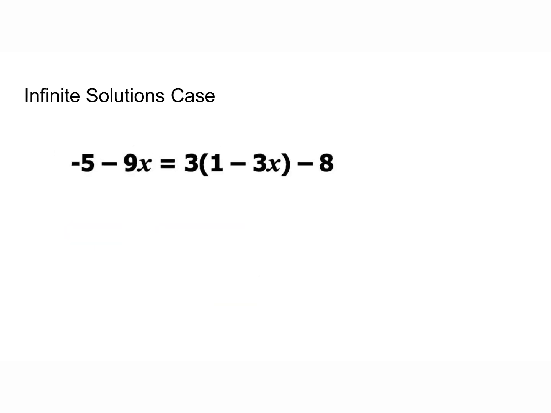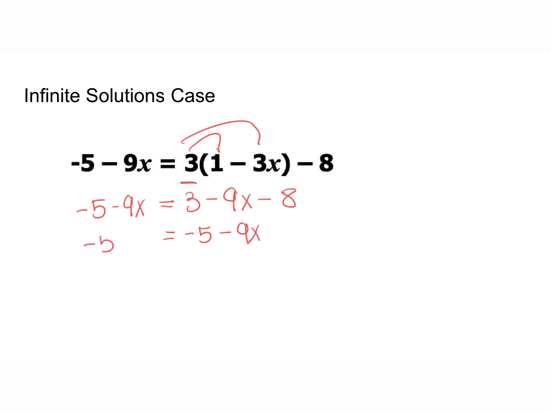Now here we have what's called infinite cases. Let's work through it as if we were just solving a regular equation and see how that looks. So we have 3 - 9x - 8 = -5 - 9x. 3 - 8 is -5, so -5 - 9x equals -5 - 9x.